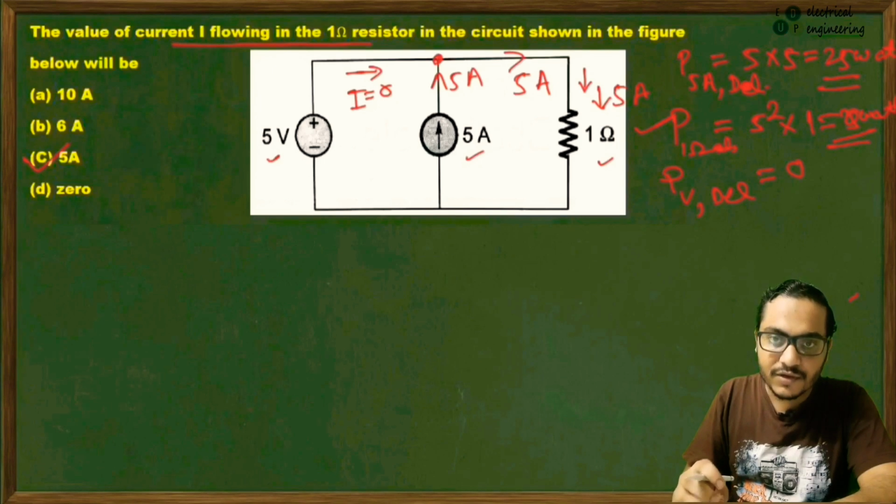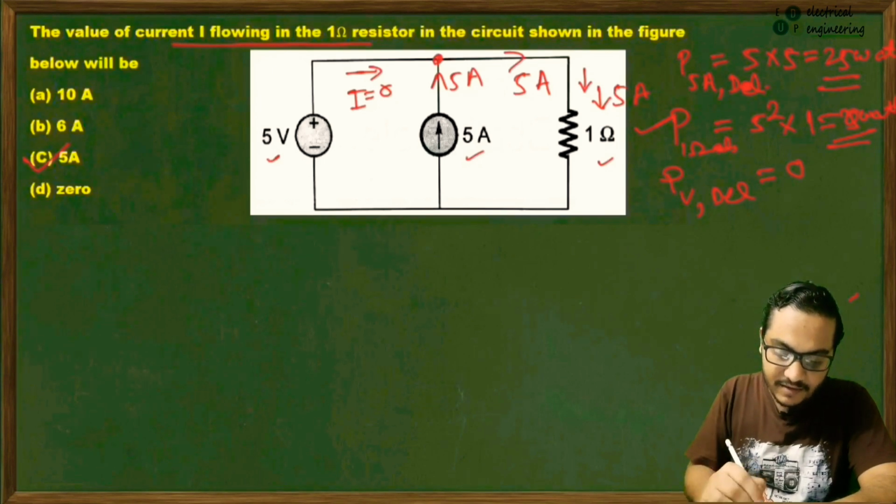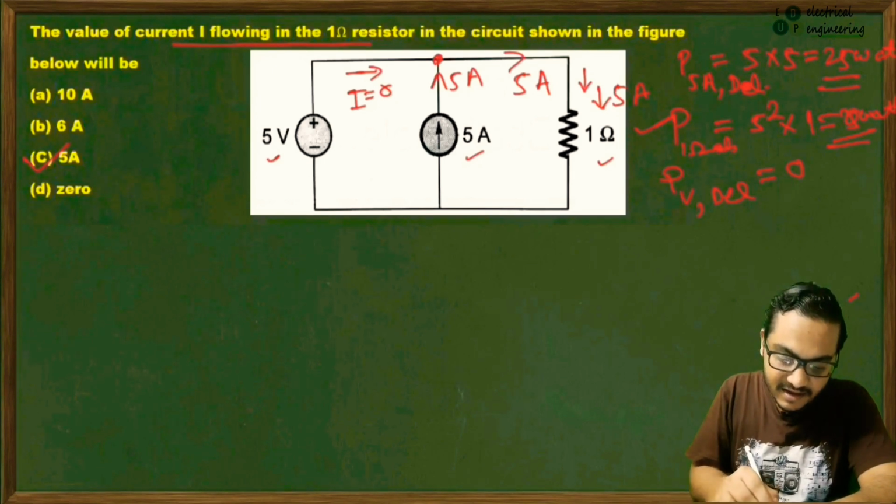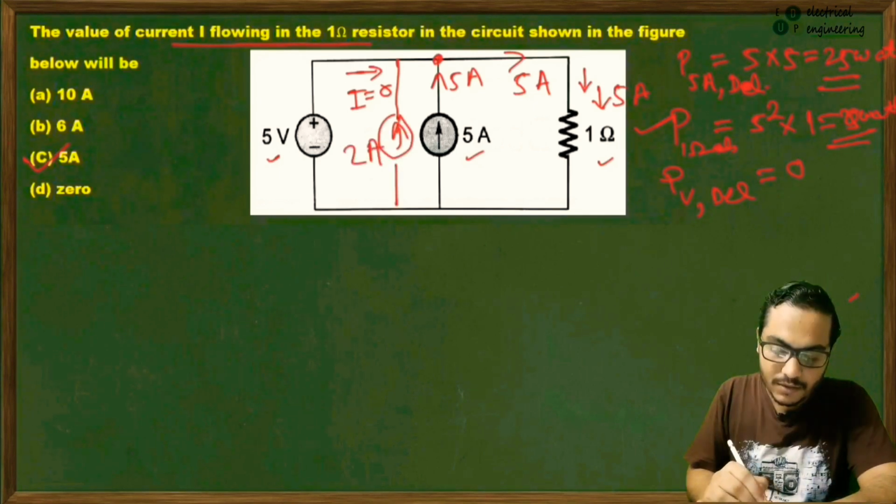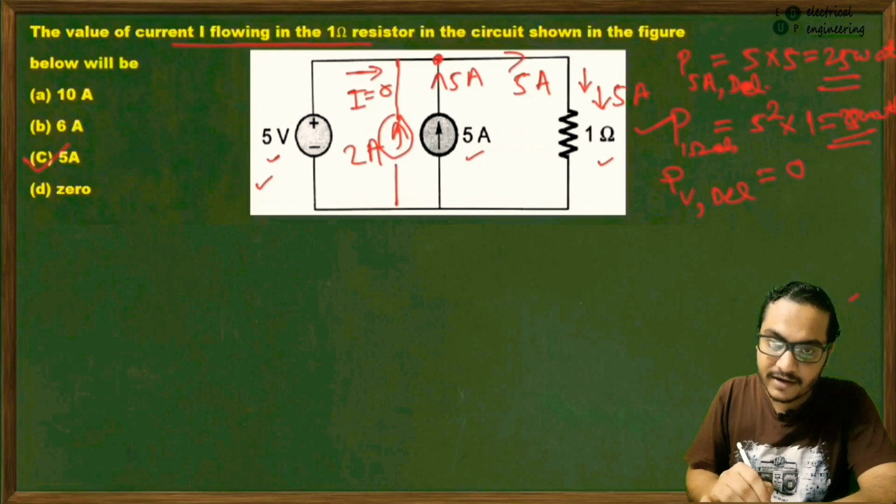Suppose you are asked in the exam, instead of 5 ampere, let's say there is a current source of 2 ampere. So what will happen? Then the current flowing through the 1 ohm resistance is determined by this 5 volt source, so this is 5 ampere. Now the current source supplies 2 ampere of current.